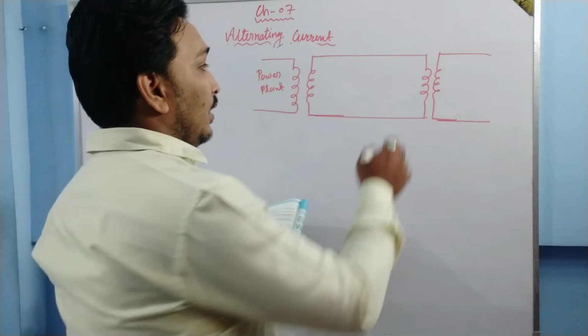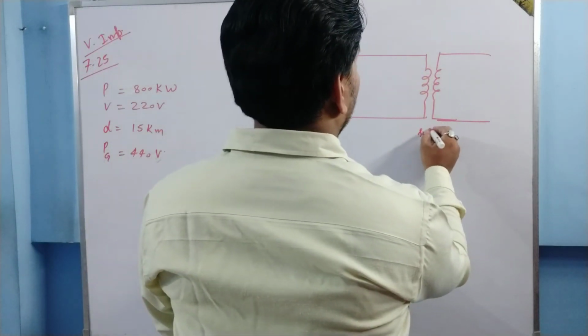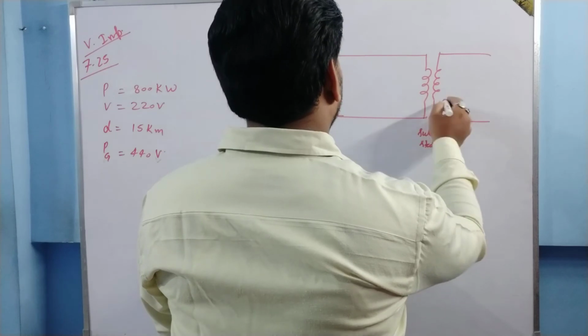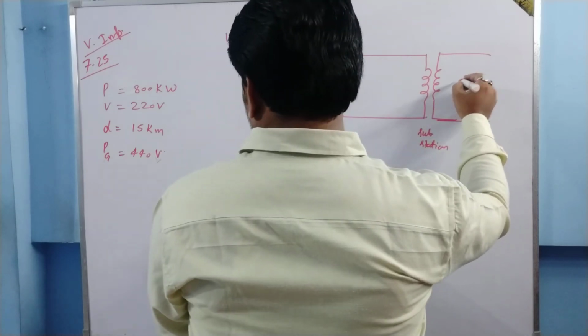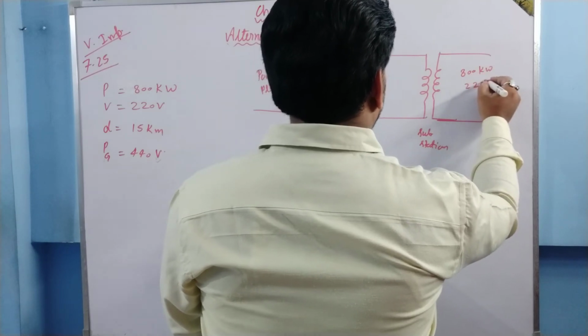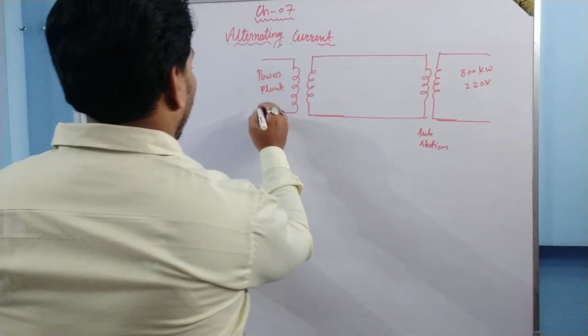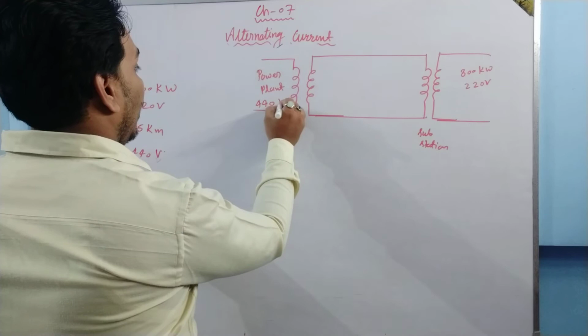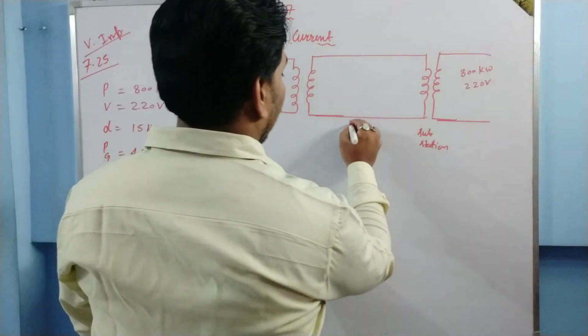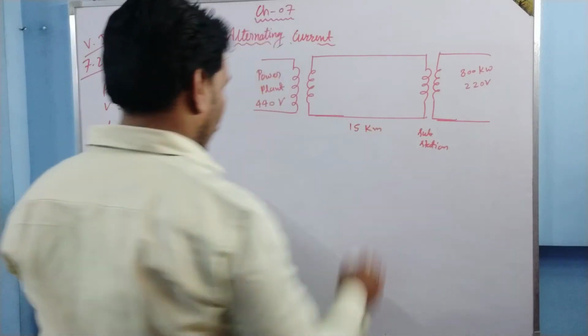Yes, it is a substation. There is again a transformer. So this town needs a power of 800 kilowatt at 220 voltage, but this power plant is generating power at 440 volt. This distance is 15 km.